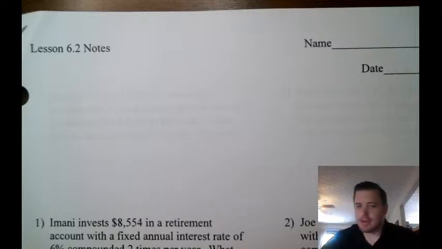All right. So here's what we are dealing with today. We are dealing with word problems. 6.2 is all about word problems and understanding retirement accounts and interest rates and interest compounded and all that type stuff.